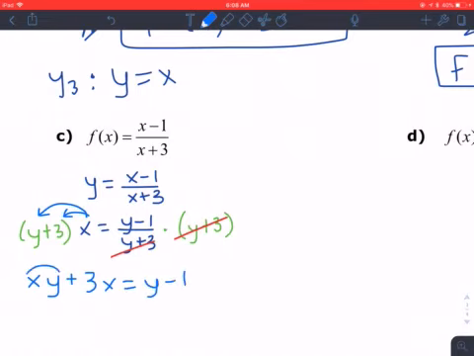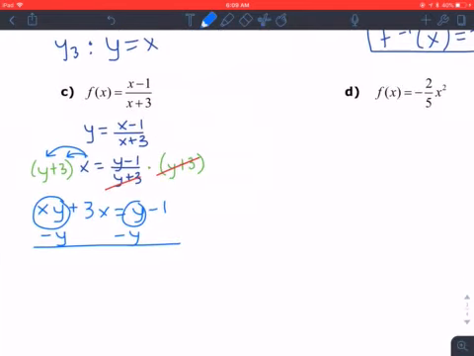Now I need to get both of my y terms on the same side. I'll just subtract this one. So xy minus y plus 3x equals a negative 1, because these are going to cancel.